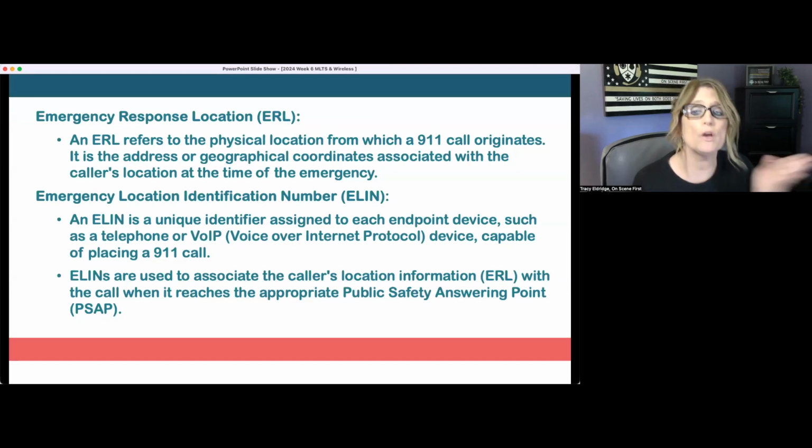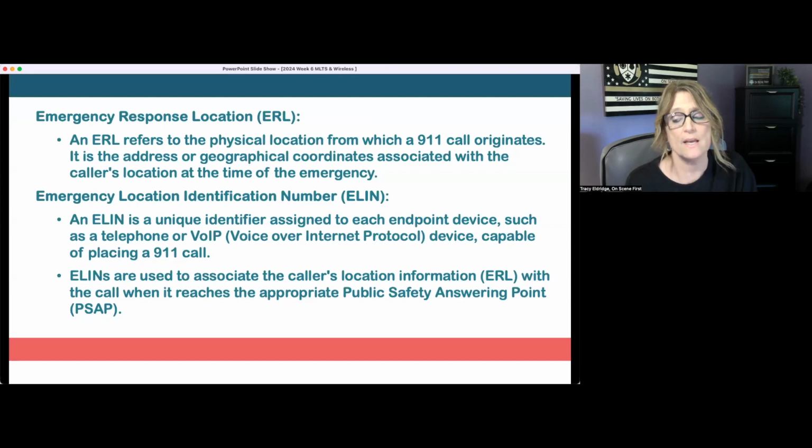At this point, we also add an ELIN, an emergency location identification number. If you remember when we talked about ESNs, there are certain parts of the system that don't understand basic language. It understands numbers. And that's what we're dealing with here also.